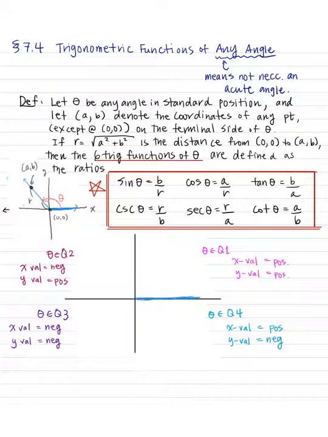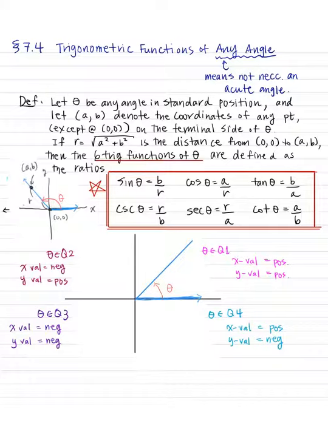All right, and then suppose our terminal side lies in quadrant 1. If this is the case, this is our theta, where theta is in quadrant 1.